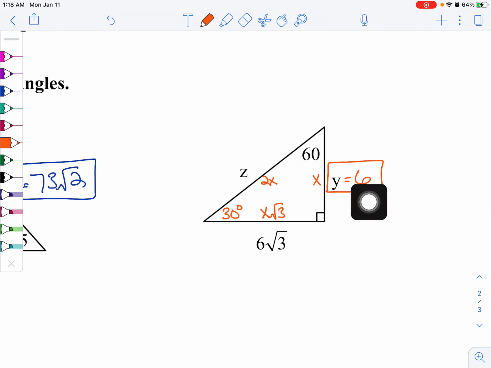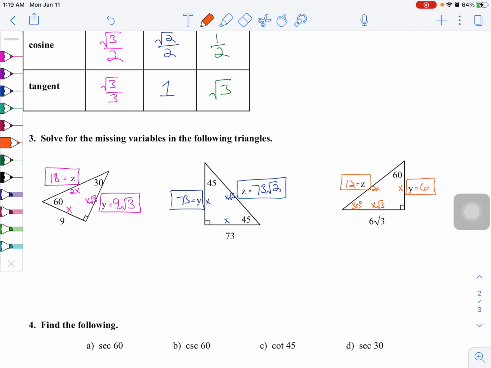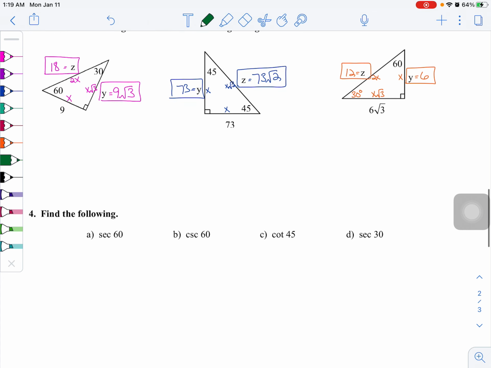So this side over here across from the 30 has to be 6. And now that you know this side, you can figure out the hypotenuse. So 6 times 2 means the hypotenuse is 12. So double it up. All right, so that's the examples for the 30, 60, 90s and 45, 45, 90s.